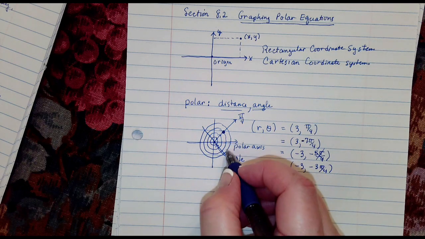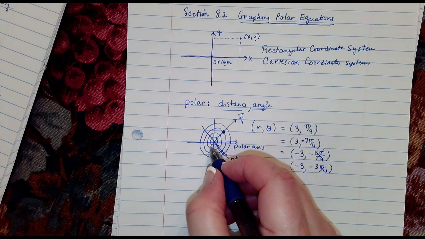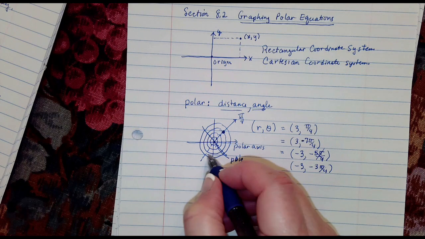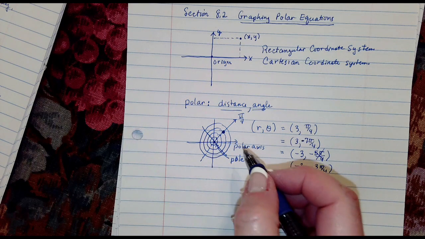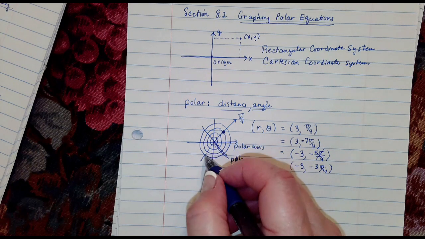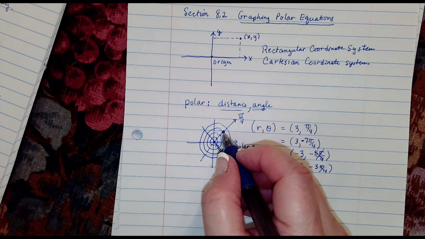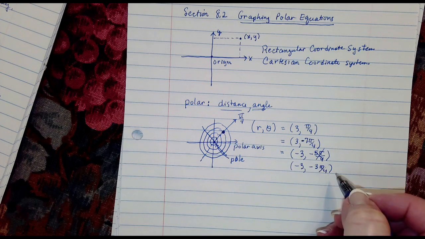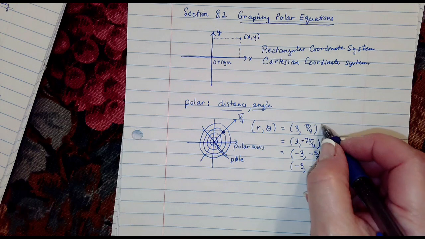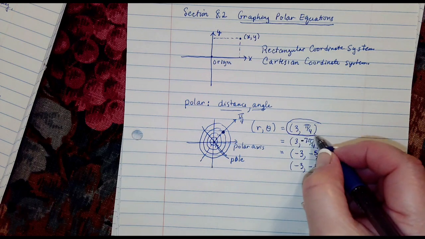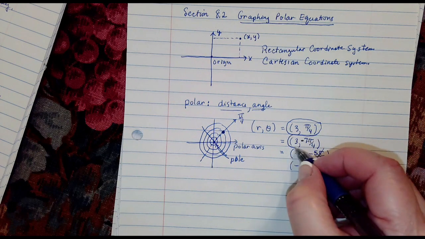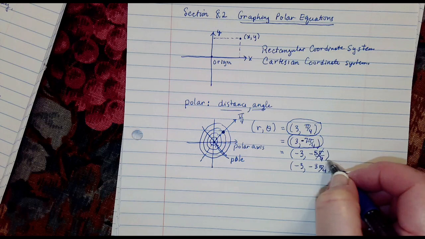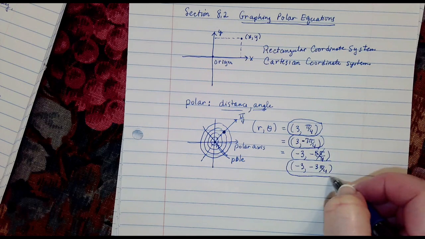This would be 1 pi over 4, 2 pi over 4, and then this one would be 3 pi over 4, right? So then what do I do? This is the positive side now, so to bring it back to here, I would have to use a negative 3. So negative 3 comma negative 3 pi over 4, that would work. So here we have 3 different choices so far for the name of that dot.